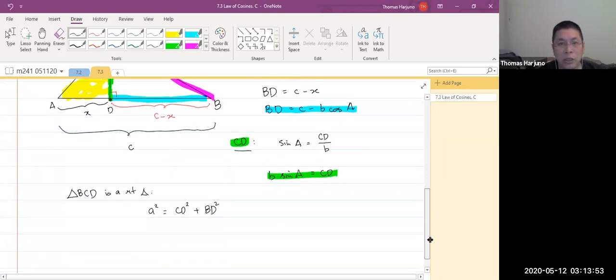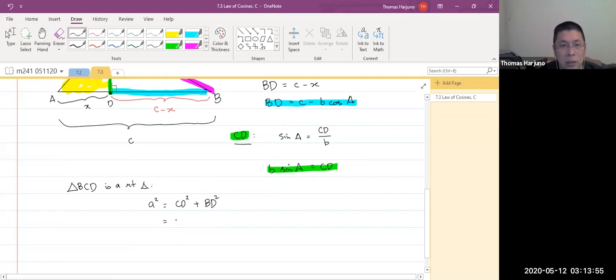Now CD squared is (b sine A) squared, and BD squared is (c minus b cosine A) squared.